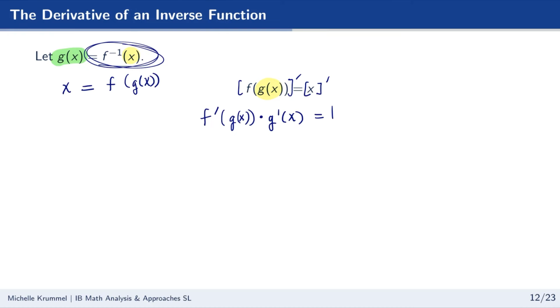Now our goal is to find the derivative of this. And so that means our goal is to find g prime of x. What is g prime of x? So now that gives us sort of where to go from here. We're trying to solve for g prime of x. So I'm going to divide both sides by f prime of g of x.